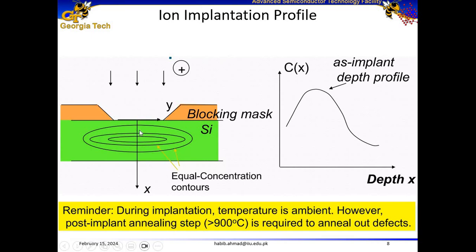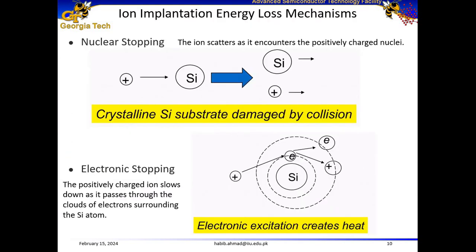They encounter electronic and nuclear energy losses, and eventually they lose almost all of their energies and get down to almost thermal energy at room temperature, which is of the order of 25 to 26 milli-electron volts, resulting in eventual stopping of these ions. Now there are two mechanisms responsible for the ion implantation energy loss.